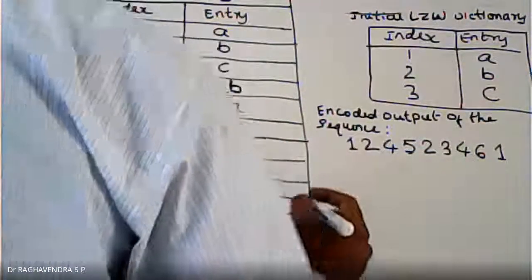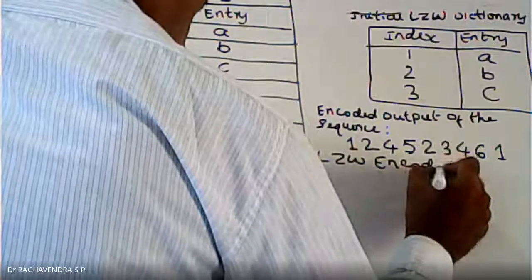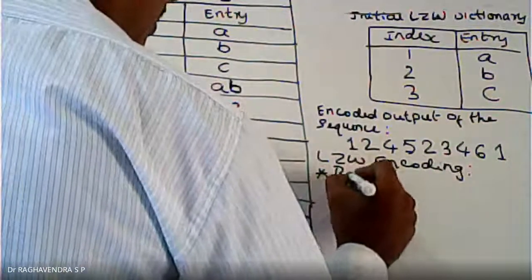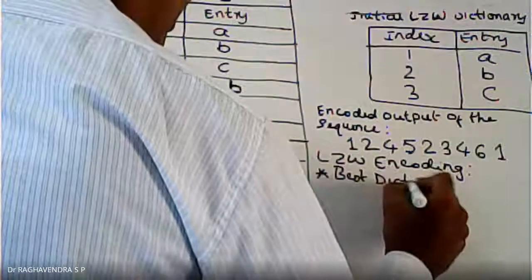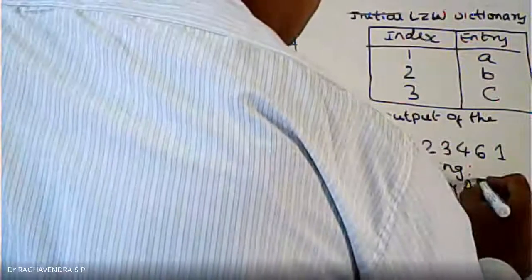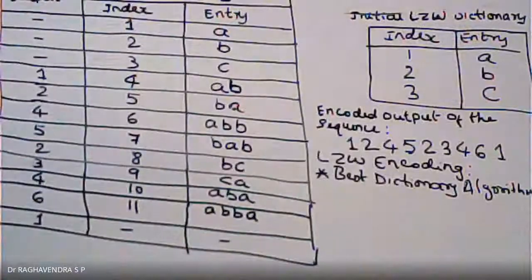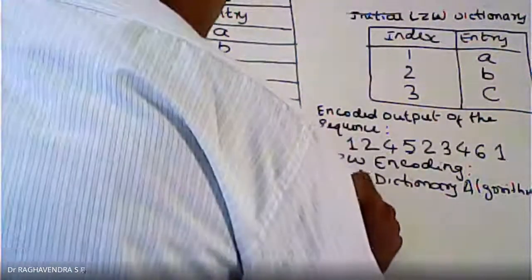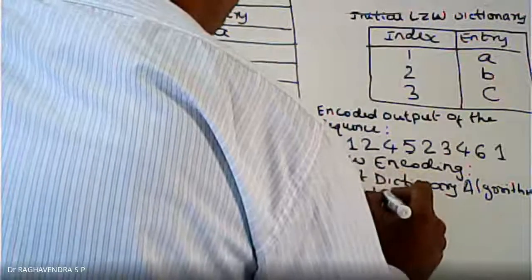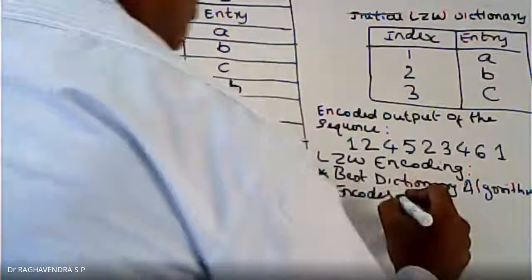Coming to this LZW encoding, this is one of the best dictionary algorithms that we take, and it encodes more than one character.